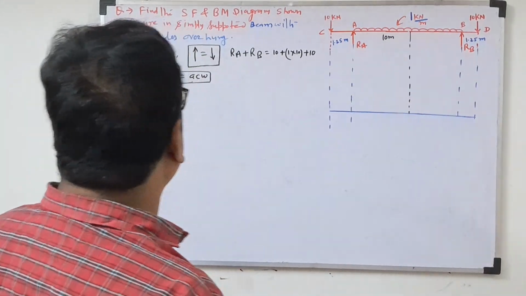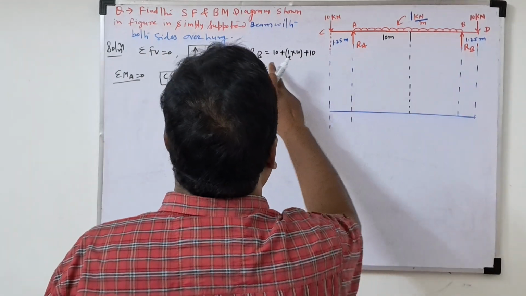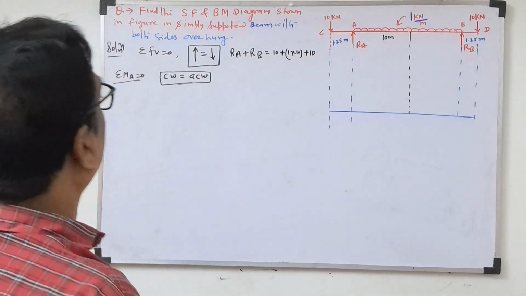Symmetrical means we can directly find RB, and RB will also come the same as RA. But I will calculate and see here.